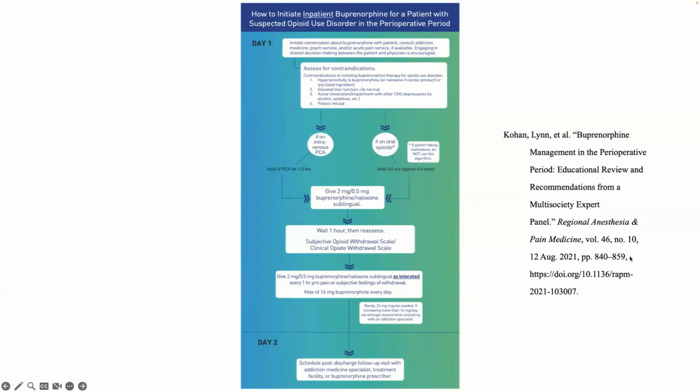the recommendations from that multi-society expert panel included this recommendation and algorithm. Overall, what they recommend is that if a patient is on a PCA in hospital, and you're planning to initiate buprenorphine, then you hold the PCA whenever appropriate for 1 to 3 hours. Give a low dose, 2 milligrams of Suboxone sublingually, and then wait 1 hour and reassess for withdrawal.